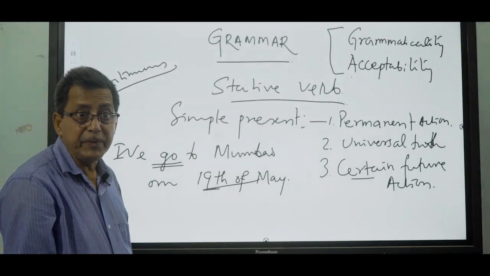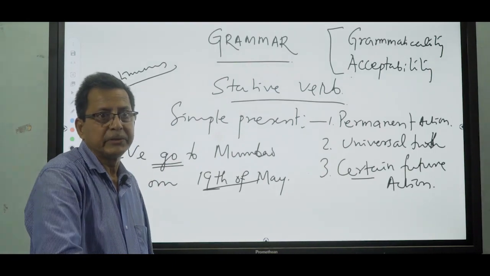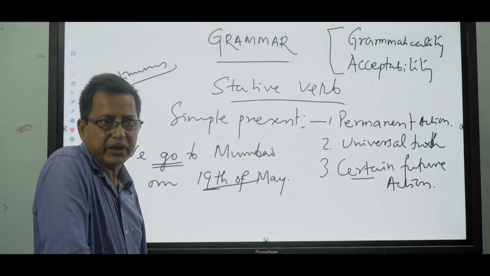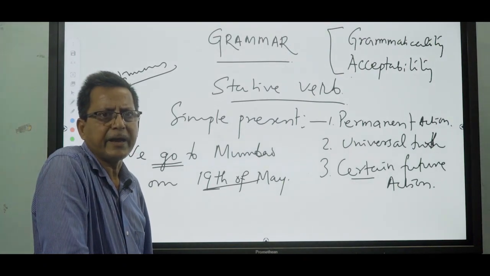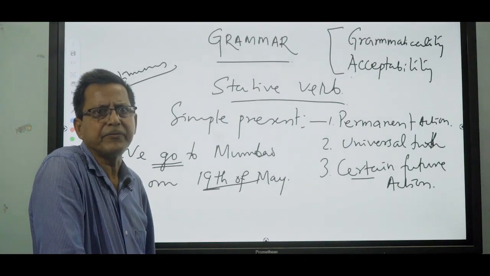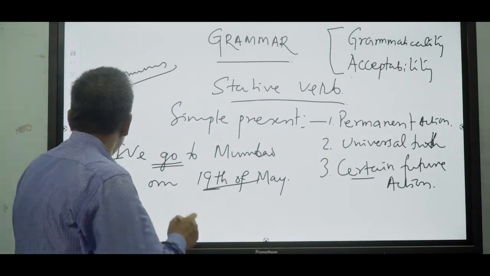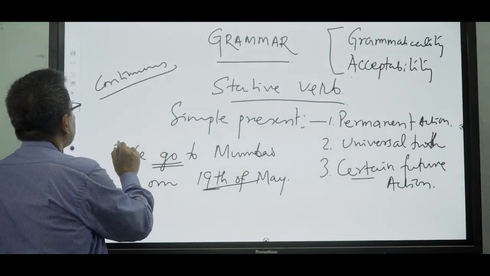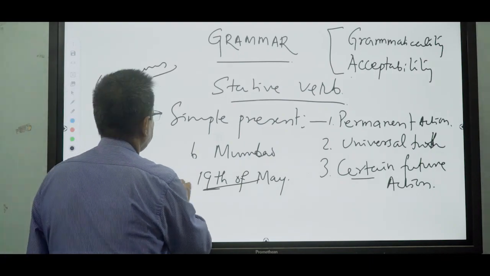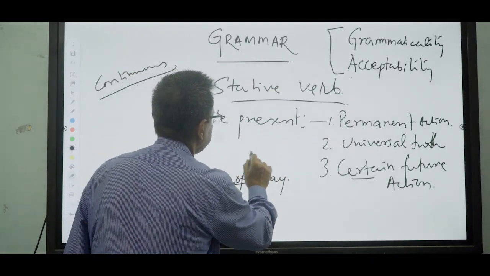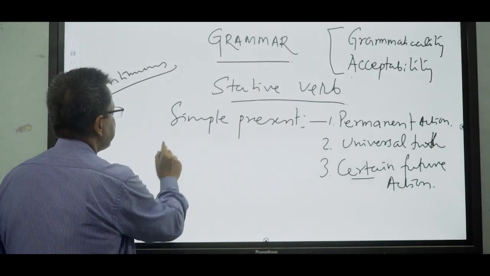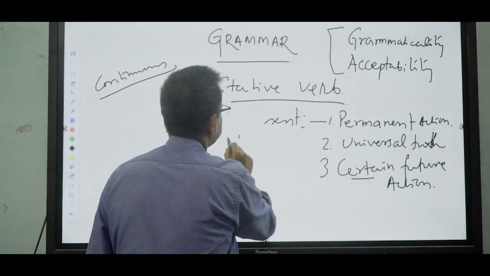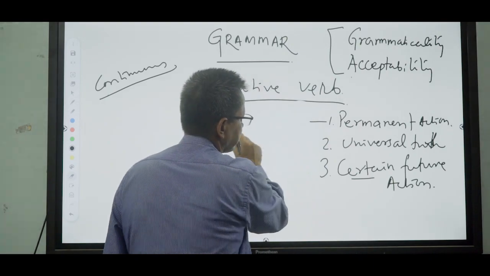You can say the Chief Minister inaugurates this particular project on 19th November in the evening. So, the program which is fixed, which is scheduled, the action which is certain but is going to take place in future, for those things you will have to use this.